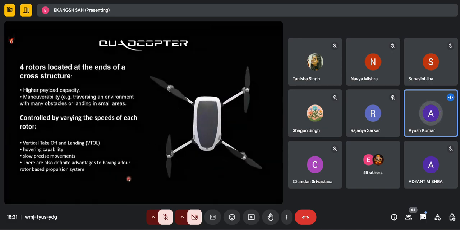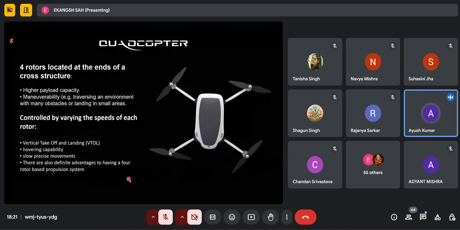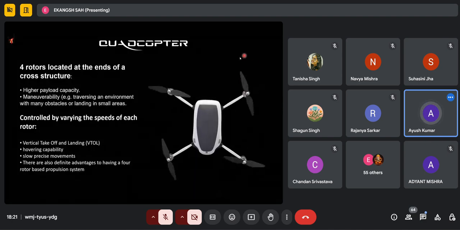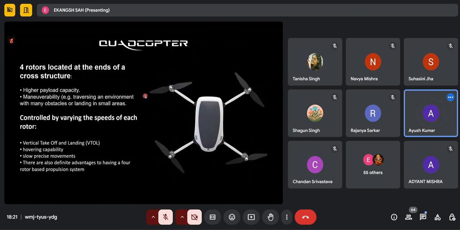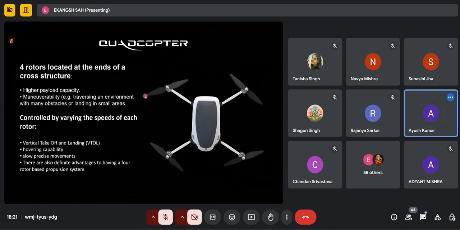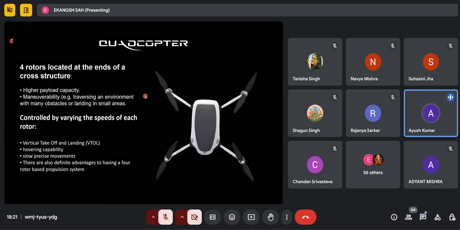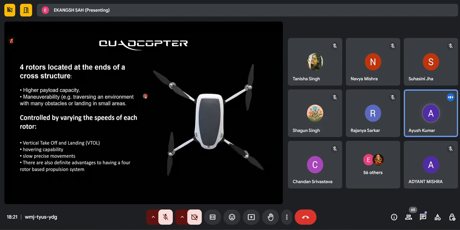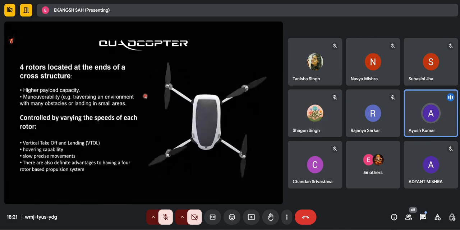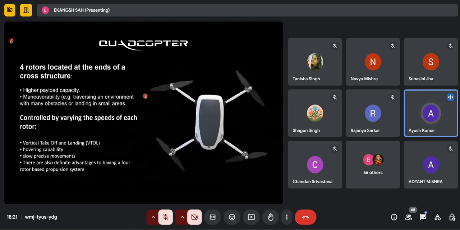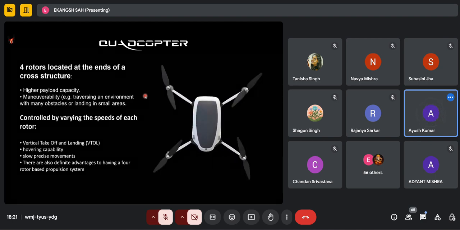So the four rotors are mounted at the ends of the cross arm. This is done for higher payload capacity. It ensures that the weight is distributed equally on all the motors, and that it is able to lift higher weights.